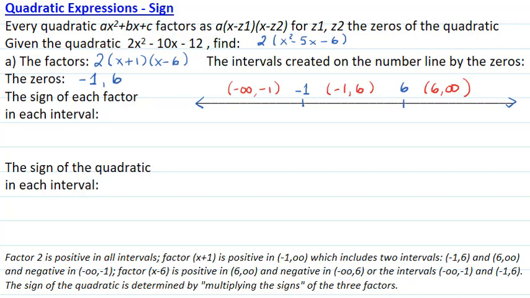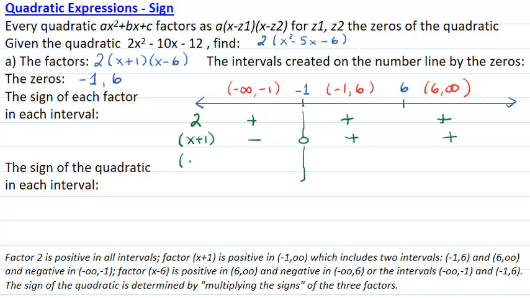To determine the sign of each factor, first we will do the leading term. So 2 is positive in all intervals. The factor x plus 1 is 0 when x is equal to negative 1, and then it's positive when x is greater than negative 1, in the intervals negative 1 comma 6 and 6 to infinity, and negative when x is less than negative 1, in the interval negative infinity to negative 1.